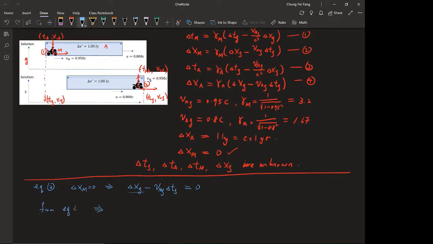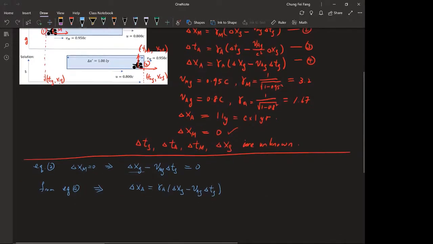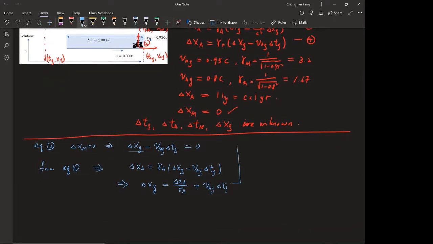From equation 4, we have delta xa equal to gamma a times delta xg minus vag delta tg. So therefore, from here I can find out delta xg should equal delta xa divided by gamma a plus vag delta tg. So I can substitute this into here.